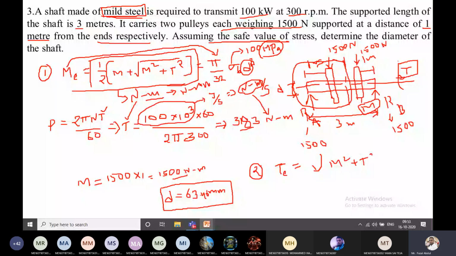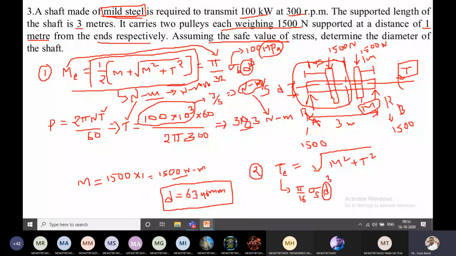Te is nothing but pi by 16 sigma s into d cube. So this d cube we need to calculate; the question asks to design the shaft, that is, calculate the diameter of the shaft.